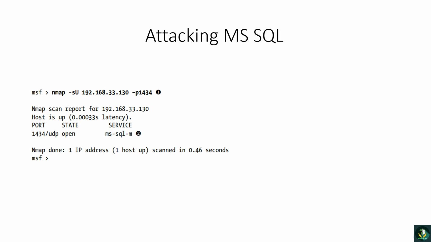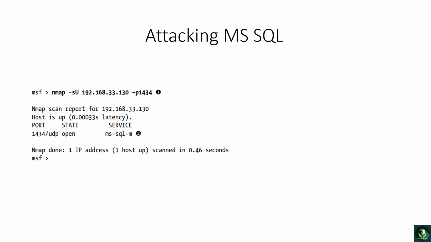You will often be able to guess or brute force the system administrator account password because when administrators install this application, they do not understand the security ramification of using either a blank password or something too simple.